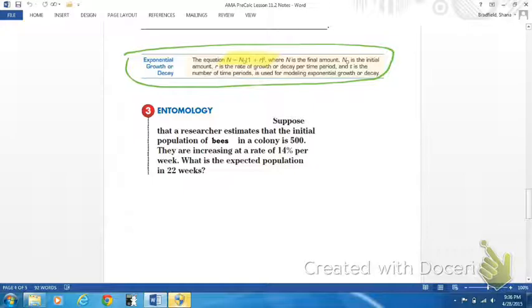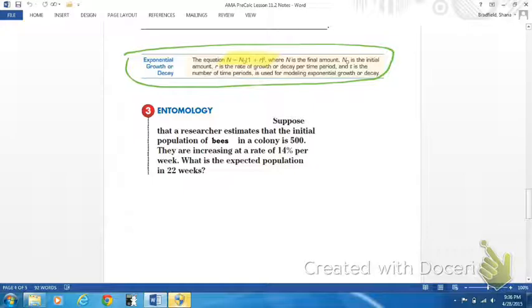N sub 0 is the initial amount, so whatever we start with. R is the rate of either growth or decay, depending on the situation, per time period. So it'll be growth or decay per year or week or second or some time period. And then t is the number of those time periods. And that's used to model exponential growth or decay.